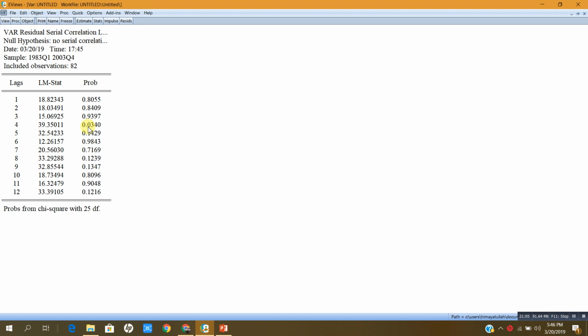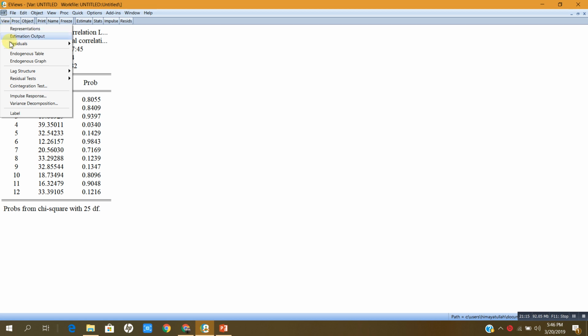Now I can also check the heteroscedasticity of the variance. So for that I will use the White test for heteroscedasticity, and if I press this, I get this. Now again, my null hypothesis is that there is no heteroscedasticity, no cross terms.